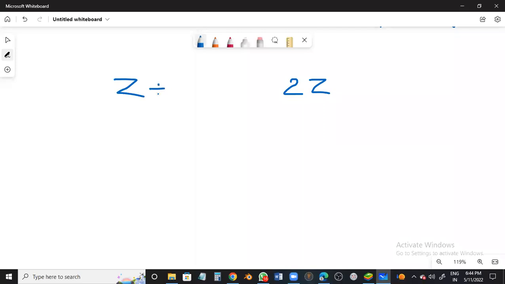Z along with usual addition and usual multiplication is a ring, as we know. 2Z with usual addition and multiplication is also a ring, because the sum of even numbers is again even, and the product of even numbers is again even.